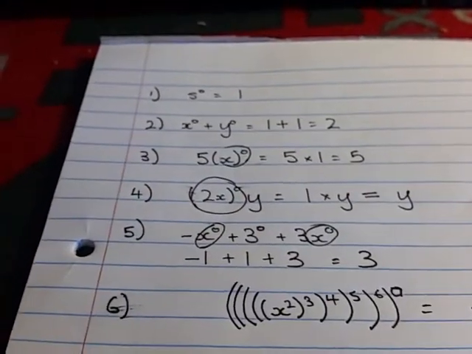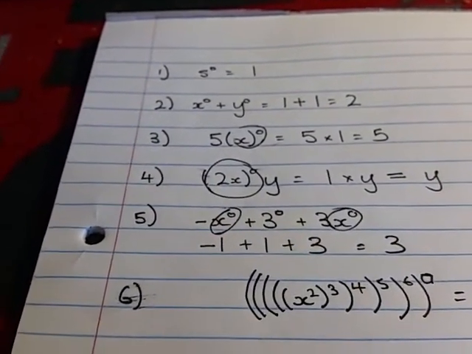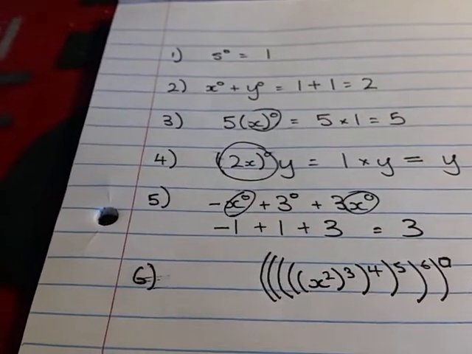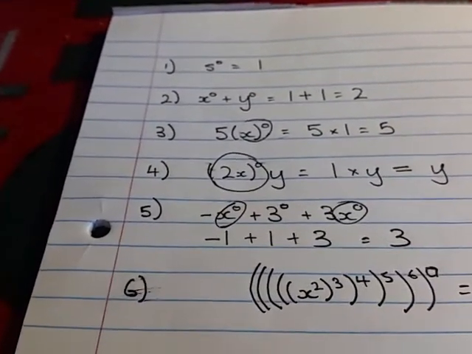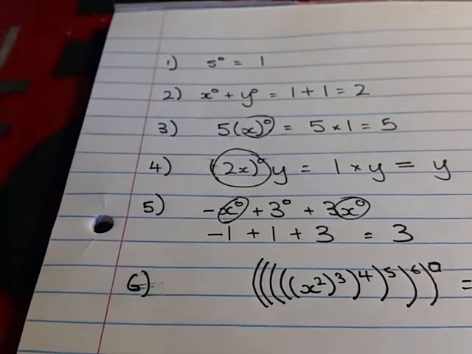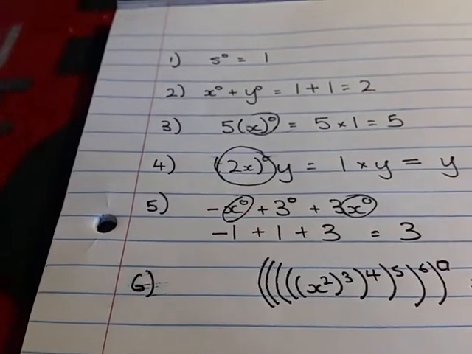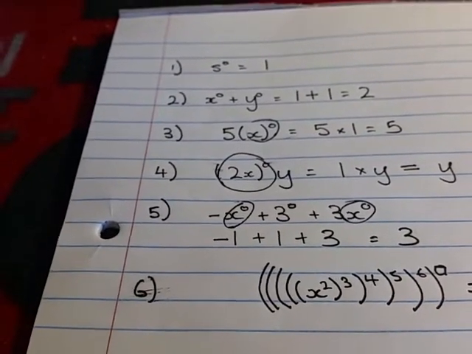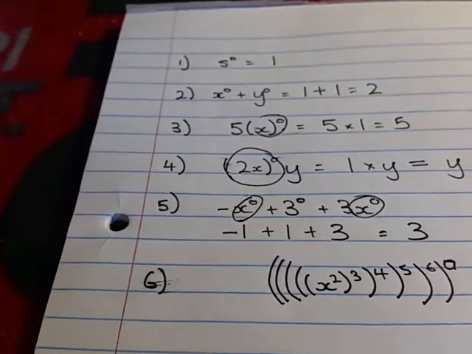And then number 6, the really involved one, x to the 2, raised to the 3, raised to the 4, raised to the 5, raised to the 6, all finally being raised to the 0. Law 3 tells you that when you are raising something by an exponent, you multiply all the exponents.